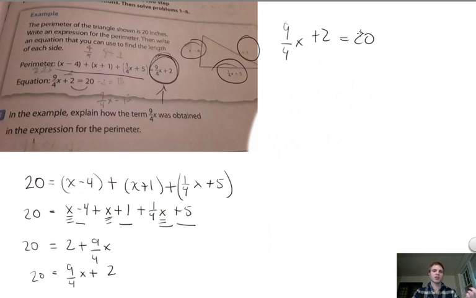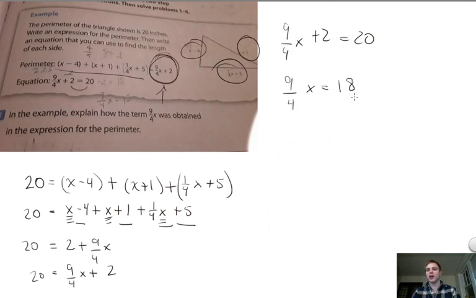That's because equality is symmetric. So you can do it backwards and forwards. So I'm going to subtract 2 from each side. And 20 minus 2 is 18. This is a 4. So 9/4 x equals 18.